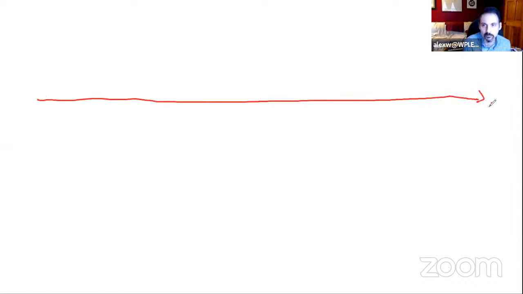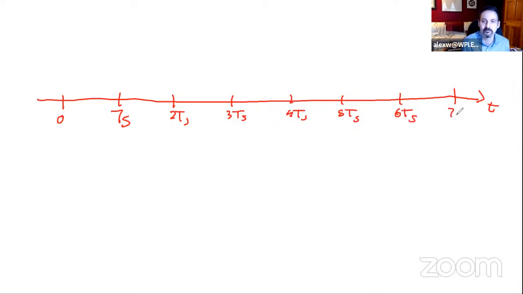Up until now, all we've been doing is things like this. Over time, every TS seconds: 0, TS, 2TS, 3TS, 4TS, 5TS. You get the picture, right?